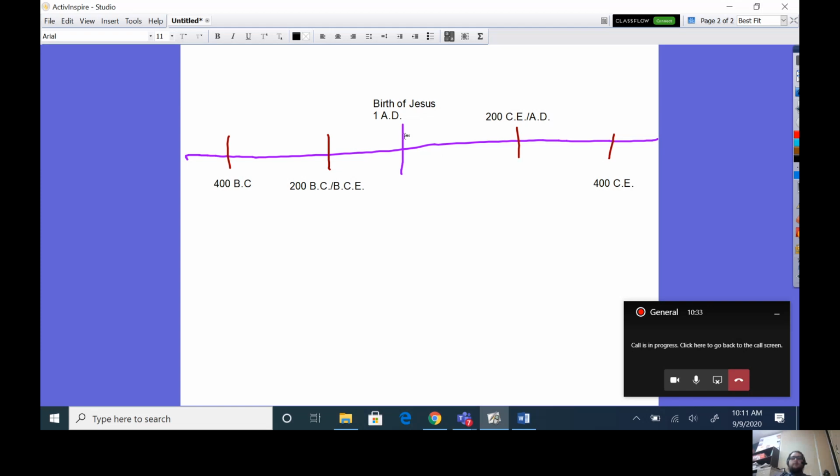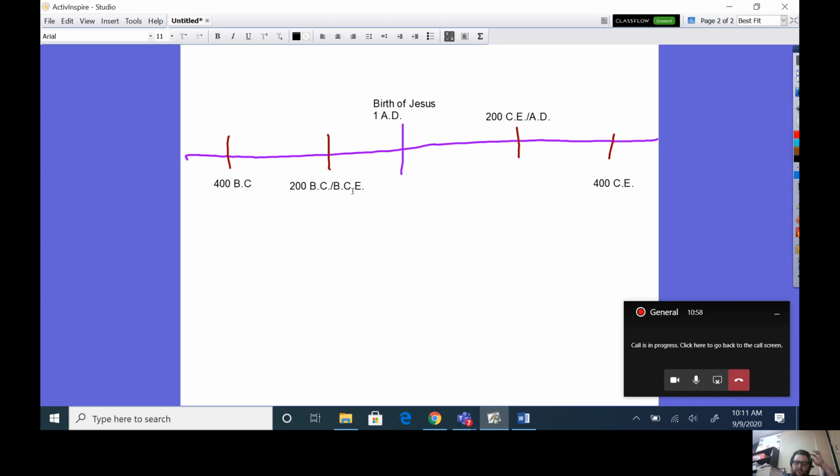Okay, so as you notice on the timeline, as you're moving away from year one, moving away from the birth of Jesus, which is our reference point for Common Era and before Common Era, your numbers increase. So this is saying that this event happened 200 years after the birth of Jesus.